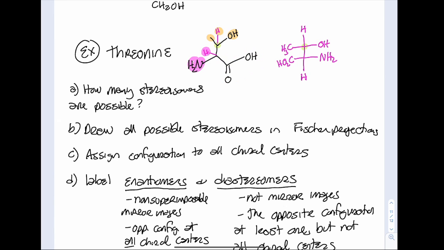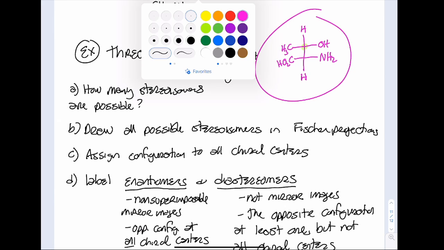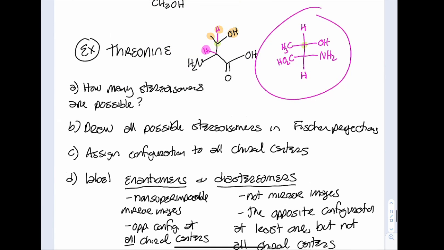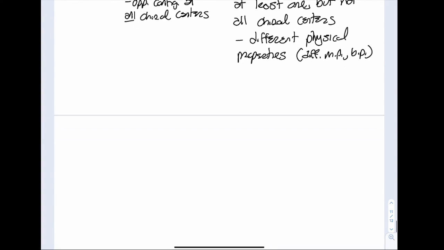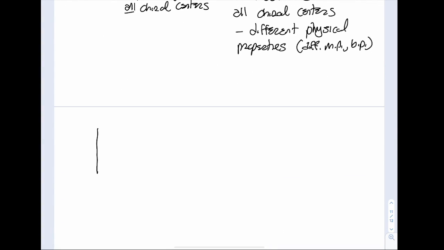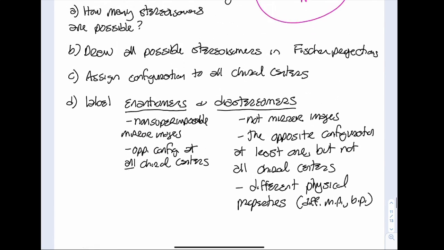So I'm going to recopy this down below, and then we're going to draw all possibilities. So let's scroll down. I'm probably going to have to scroll up a couple times so I remember what I did. I know I put the hydrogen on the top and the bottom. And then what did I do?